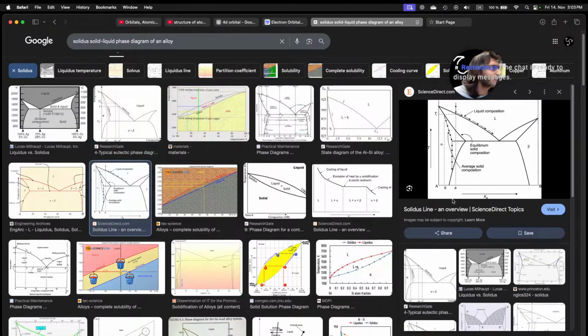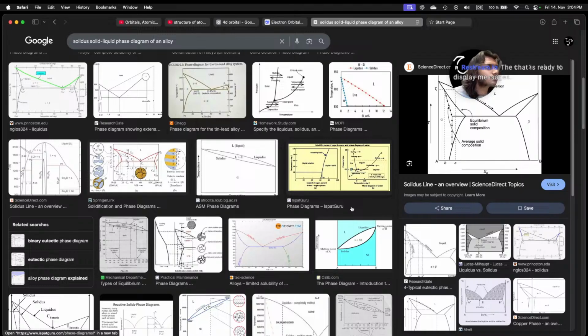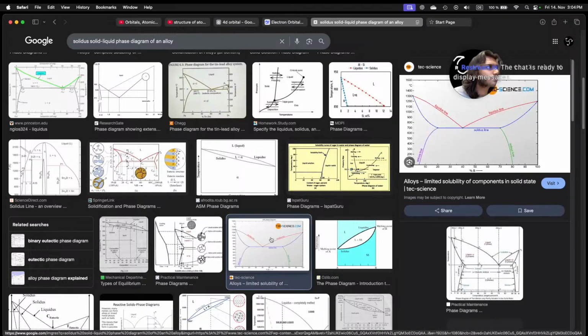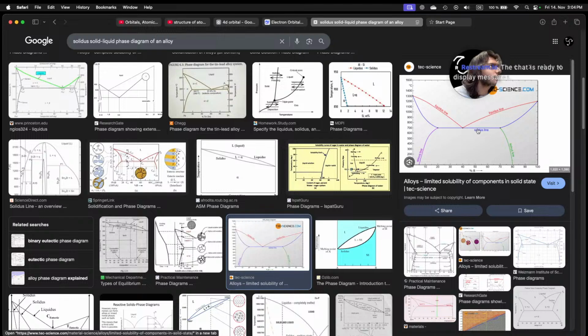Don't get it. Liquidus line, solidus line, solvus line. What is that?